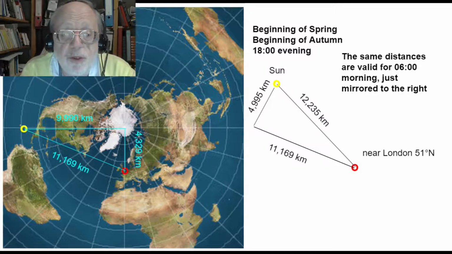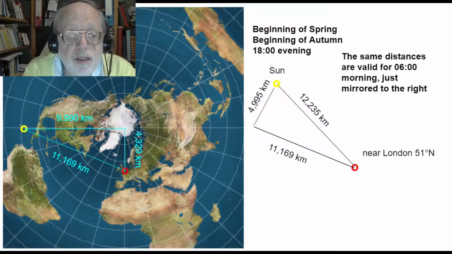The distance from the North Pole to the equator is 9,990 kilometers. The distance from London to the North Pole is 4,329 kilometers. The distance from London to the coordinates equator 90 degrees west or east is calculated to be about 11,169 kilometers.